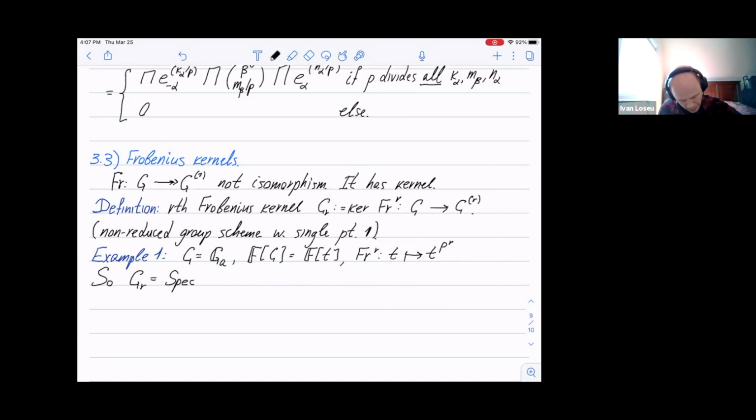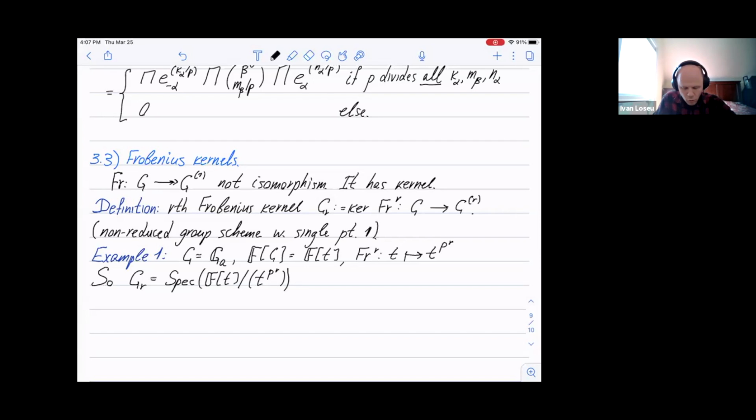So it's going to be the spectrum of F[t] modulo t^(p^r), and of course that's clearly a non-trivial algebra. Okay, so that's a non-trivial scheme.